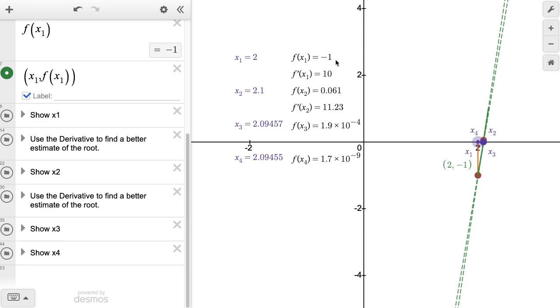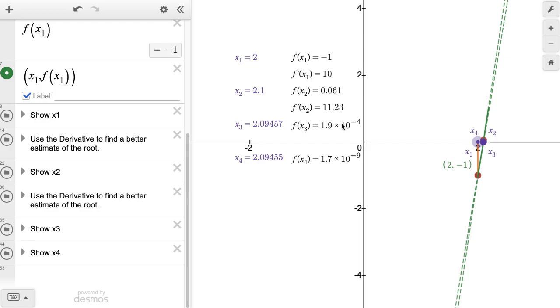So I got quite a bit closer to 0 between f of x1 and f of x2. And then I used the slope of the tangent line at x2 to get me a new estimate, x3. And then f of x3 is 1.9 times 10 to the minus 4, which means 0.00019.